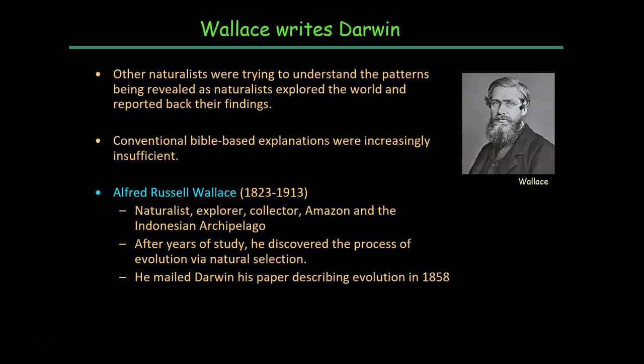So when Wallace realized this and had his big idea, he wrote it down and mailed a letter to Darwin. And Darwin got the letter in 1858. It took a long time for these letters to travel the world in ships and things like that, but it eventually got there. Darwin got the letter and he's like, "Oh my goodness, this is my idea."